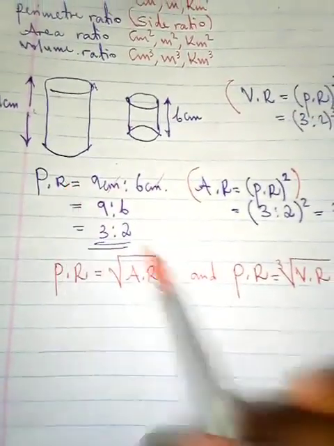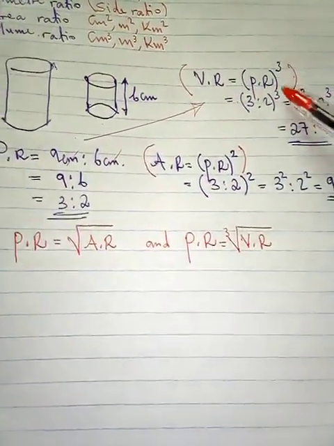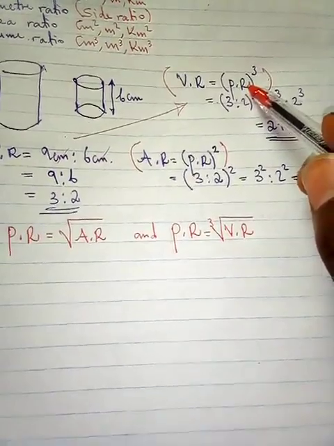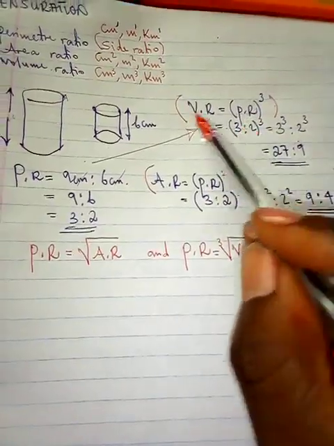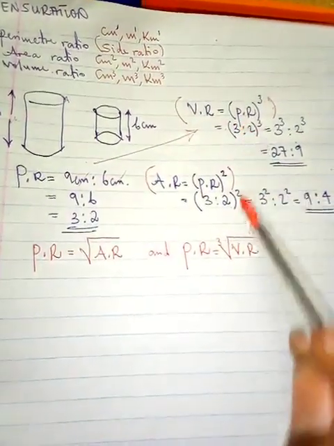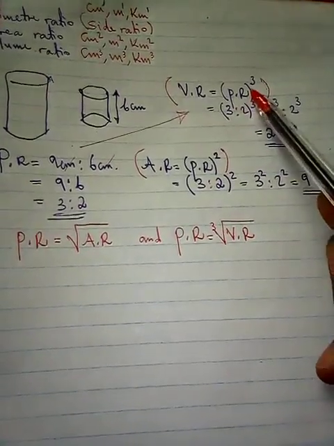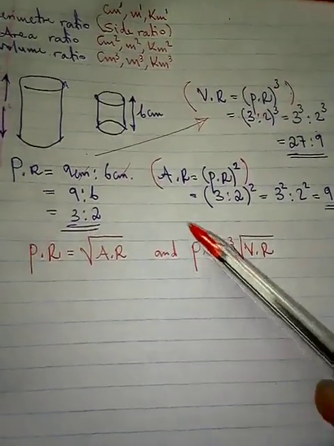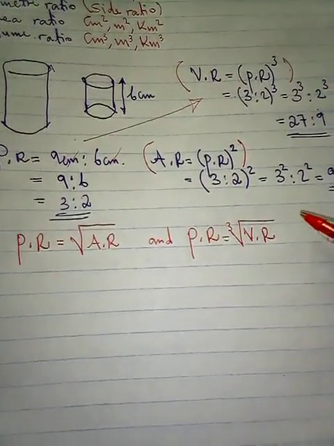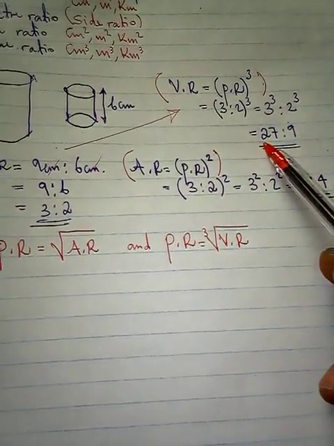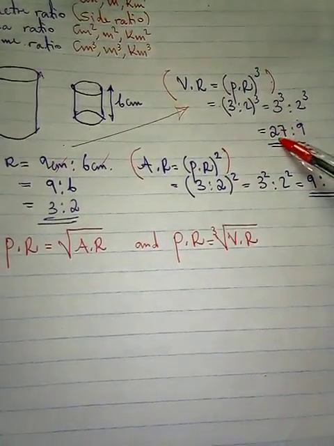When we were moving from the perimeter ratio to the volume ratio, we were introducing the power 3, right? So this can also happen in reverse. From volume ratio to perimeter ratio, I need to introduce my cube root. So the cube root of 27 is going to be 3, because 3 times 3 times 3 is going to give me 27.